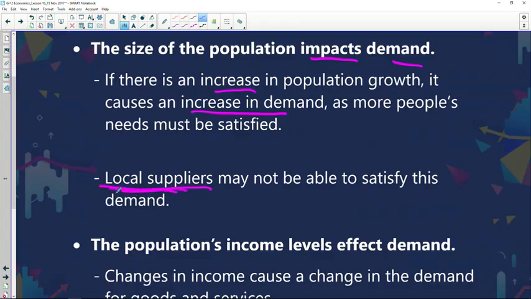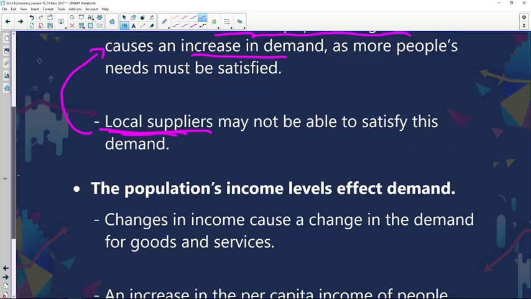So do bring up the local suppliers and talk about the pressure that they will have as a result of the increase in population growth, and that this increase causes an increase in demand as more people's needs must be satisfied. They also play an important role when it comes to supplying us with goods and services that we need.